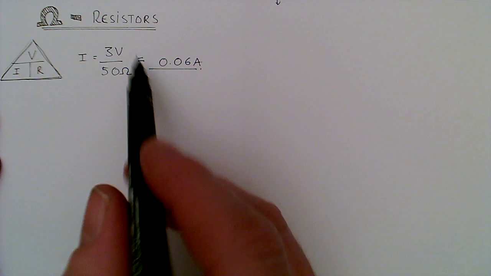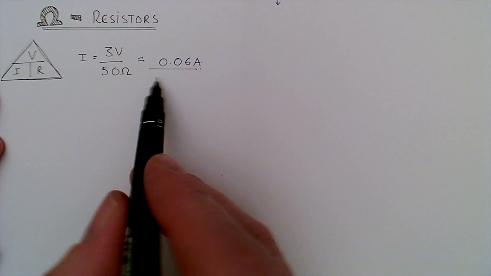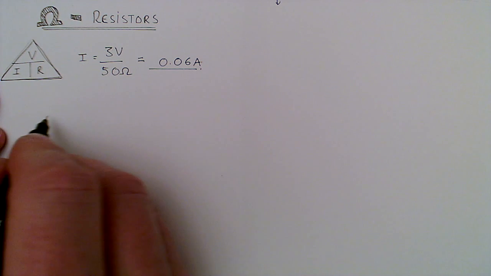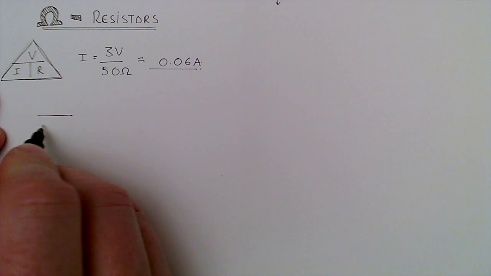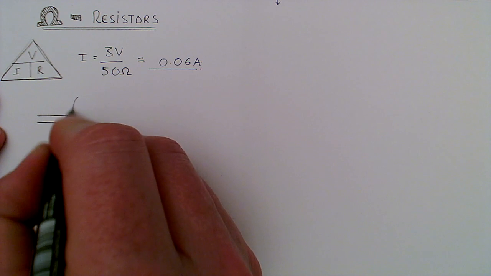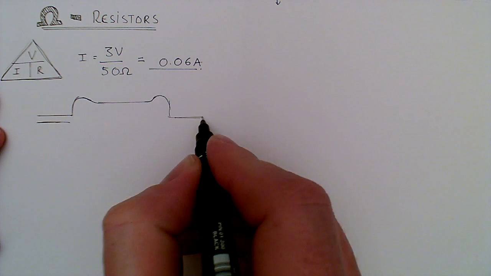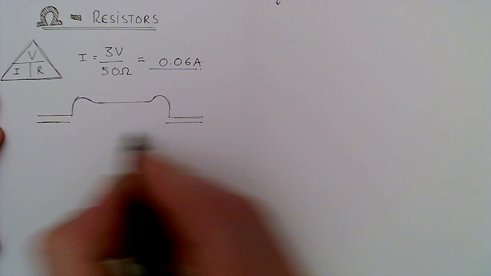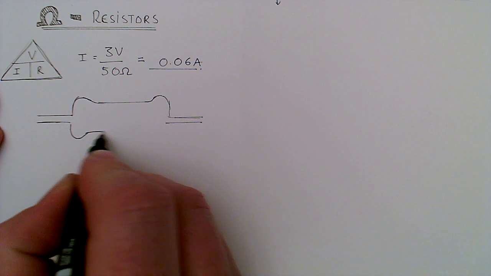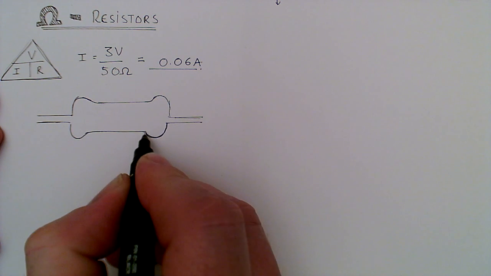Well, we're going to need to talk about resistors and what electron flow is. Basically, I'm going to sketch a little X-ray version of a resistor here. The electrons come in and mimic the shape of a resistor as well.